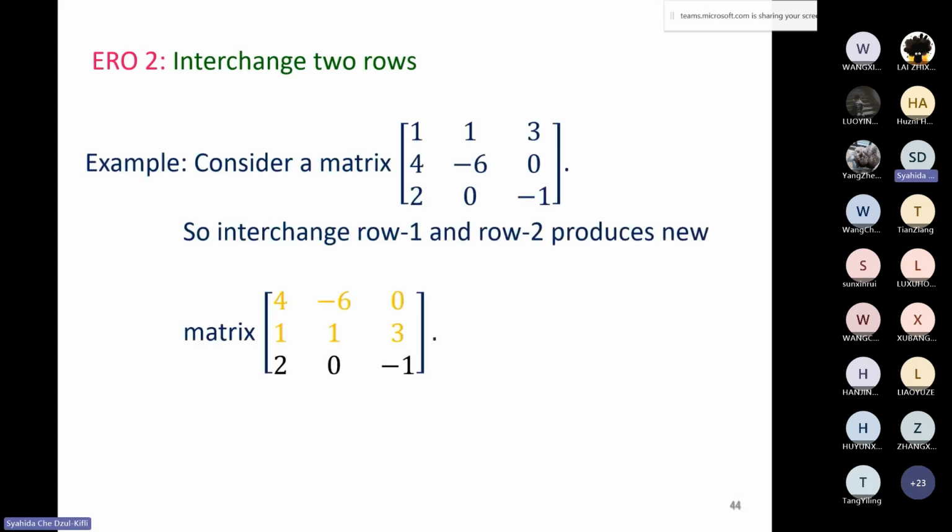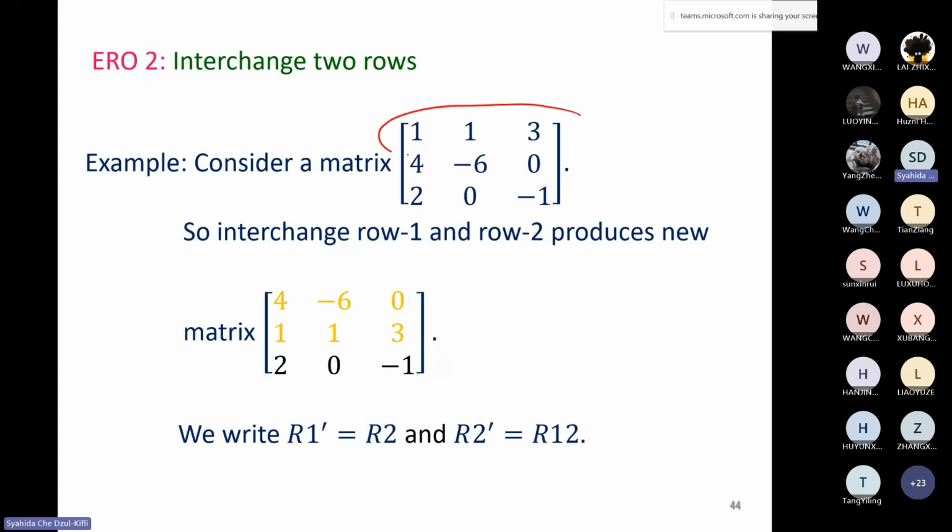For example, consider this matrix and I want to perform the row interchange on these 2 rows. So I simply interchange: row 1 becomes row 2 and row 2 becomes row 1. So this is what I got.